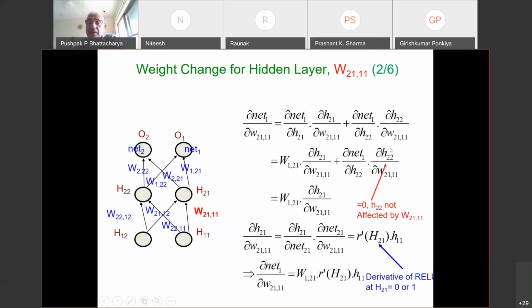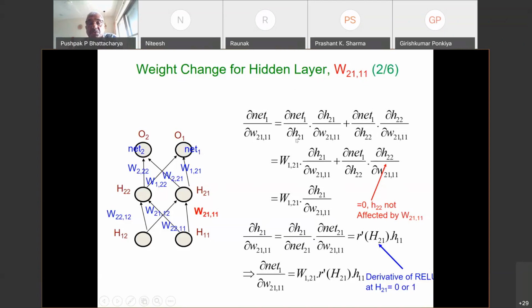Okay. Now we can see that W211 influences only H21. H22 is not directly influenced by W, the weight of interest. So this can be neglected and this will be 0. So I get delta net 1 delta W as the weight value into delta H21 delta W211.